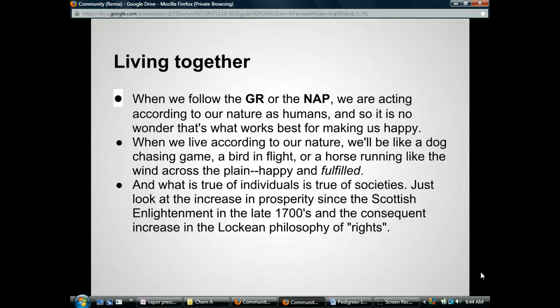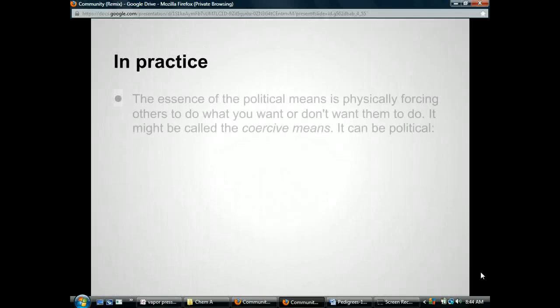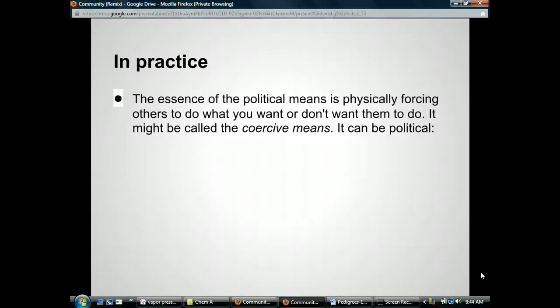And think of what's happened since then in the world and how much freedom and prosperity has increased. In fact, a right is just any logical consequence of these simple natural rules. That's why they were called, by the Scottish philosophers, natural rights.